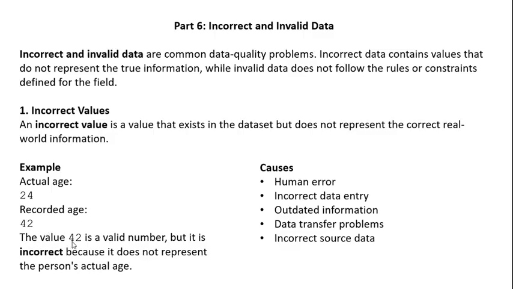The value 42 is a valid number, but it is incorrect because it does not represent the person's actual age. The causes are human errors, incorrect data entries, outdated information, data transfer problems, and incorrect source data.